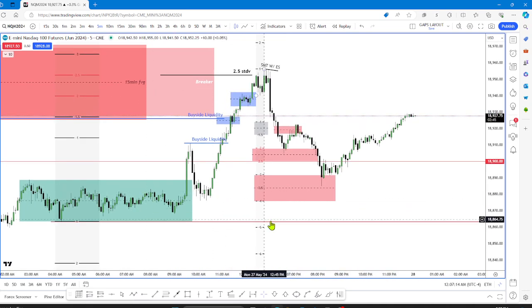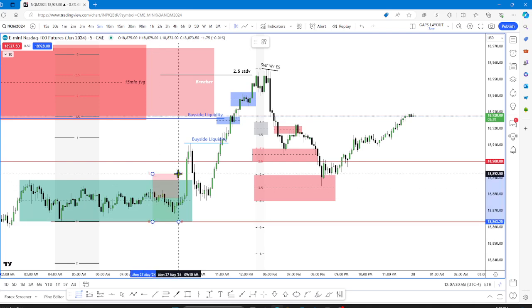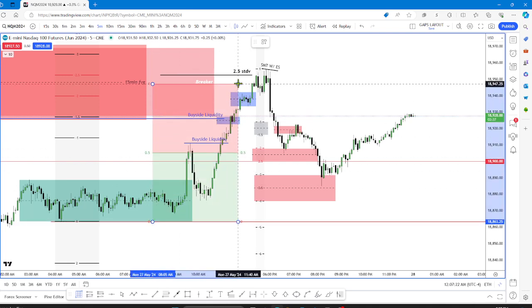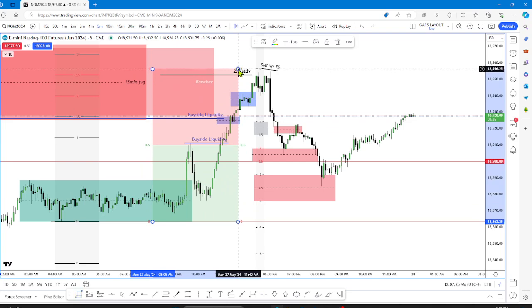If we were to measure this range from the original consolidation low to the smart money reversal, okay, notice at equilibrium here, 50% of this range from this consolidation low to the SMT high, the smart money reversal, we do not displace through 50% here.